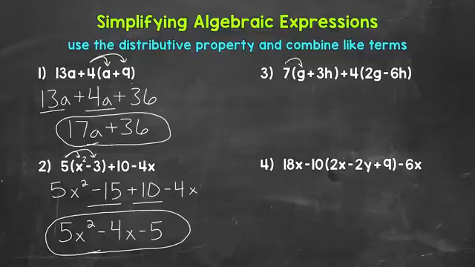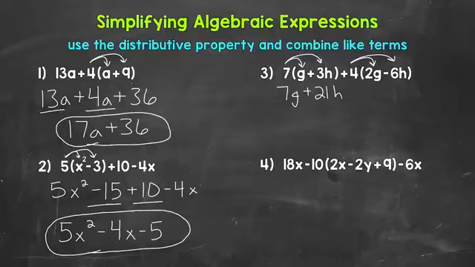Let's distribute this 7 to the g and to the 3h. So we have 7 times g. That gives us 7g. And then we have 7 times 3h. That gives us a positive 21h. So plus 21h.